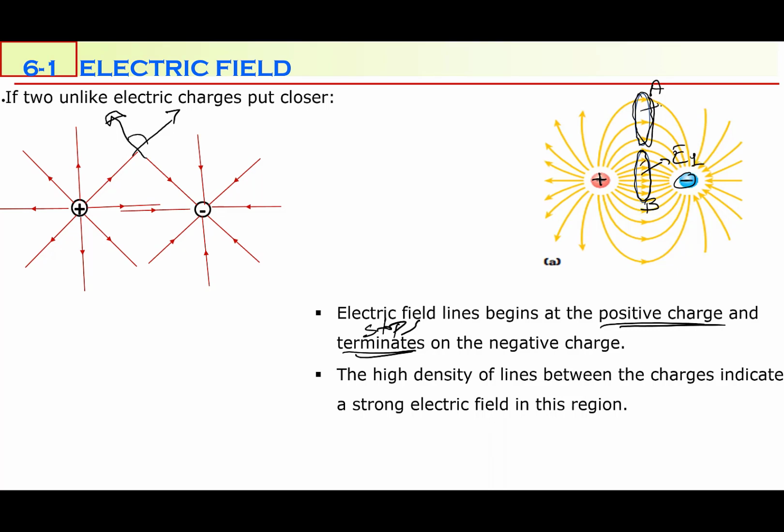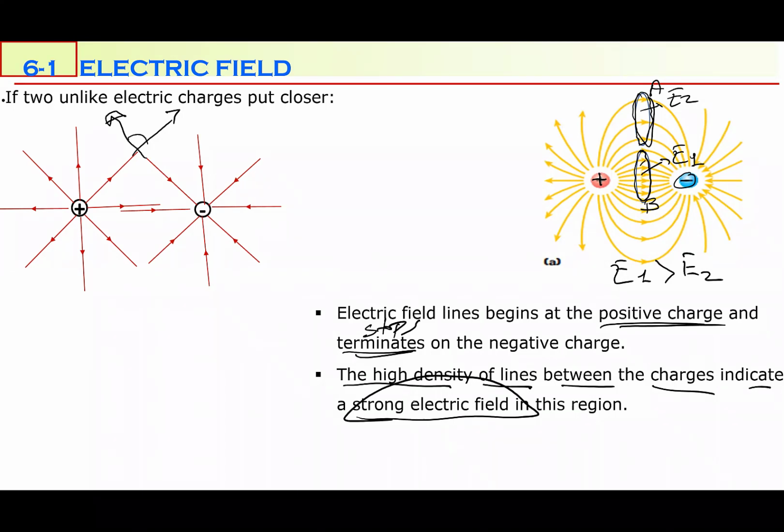In this region, say that electric field is E2. So E1 is greater than E2. The high density of lines between the charges indicates a strong electric field. Intensity of the electric field is greater at the location where the electric field lines are closer to each other.